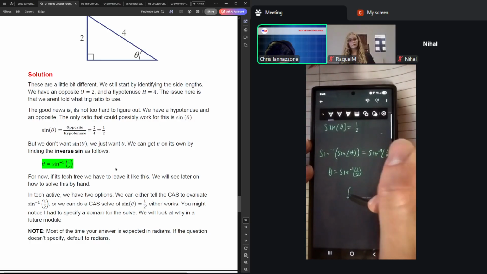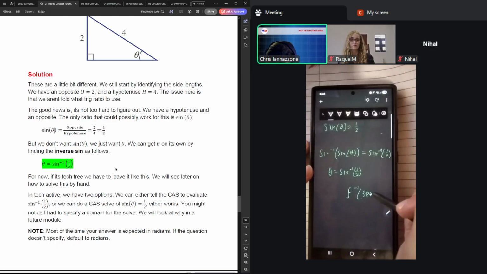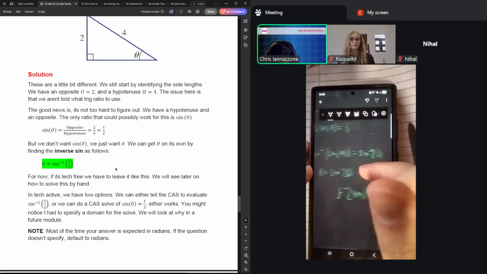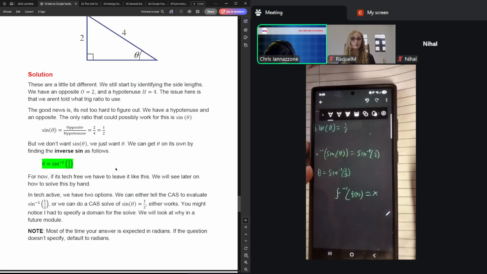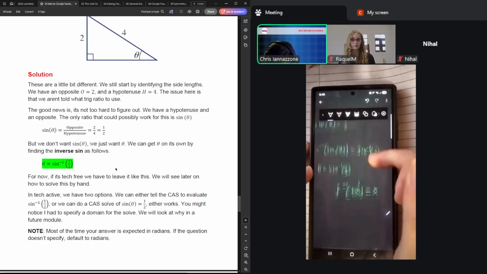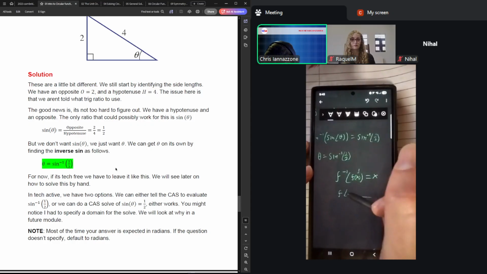You may or may not have done this yet, but any composition of an inverse function with the original function, so this is f inverse of f of x, it always ends up equaling x, whatever's in the brackets there. Same if you did it the other way around, by the way. f of f inverse x.